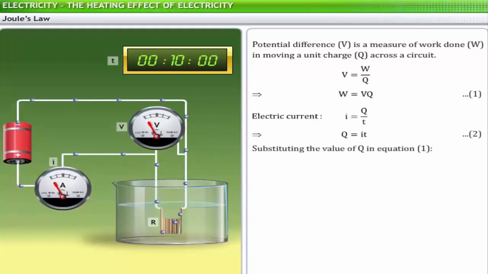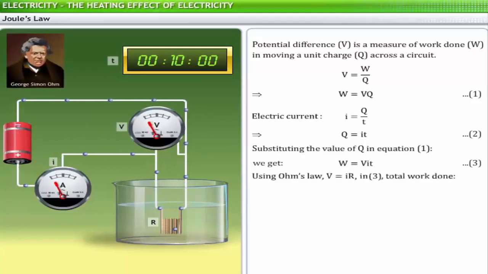Substituting the value of Q in equation 1, we get equation 3: W is equal to VIT. Now let's use Ohm's law, V is equal to IR, in expression 3 to get the formula for the total work done by electric current.